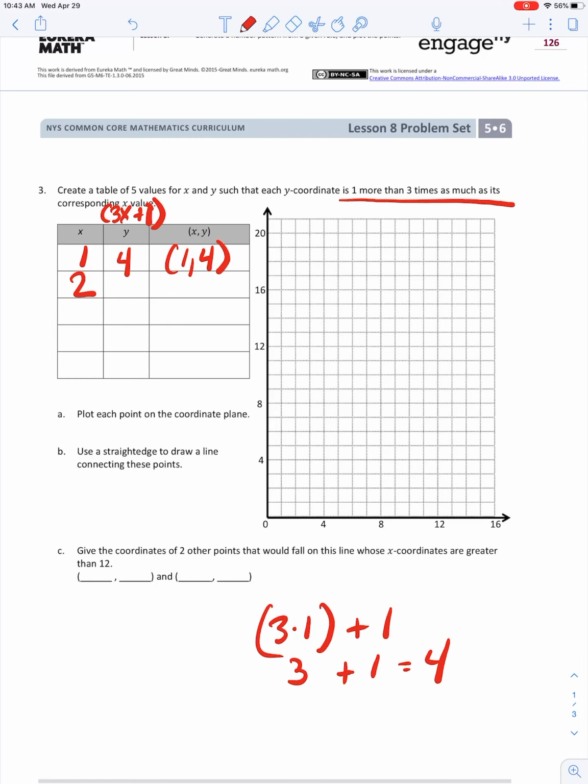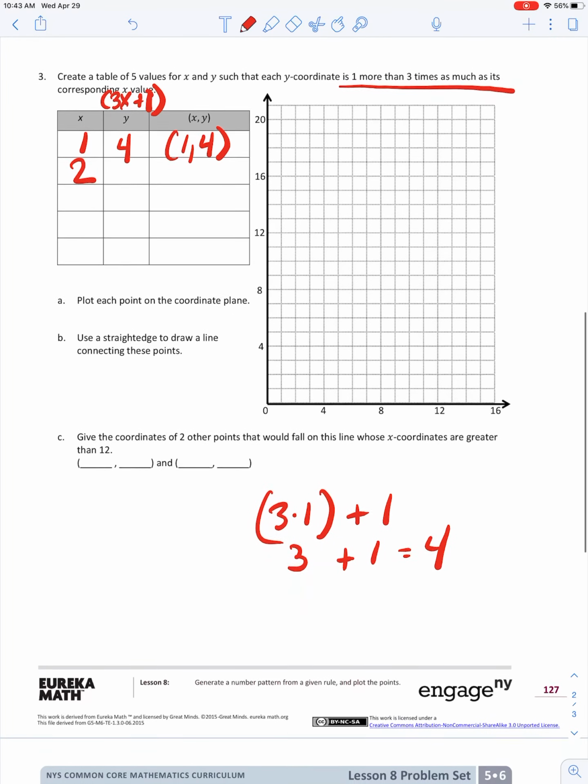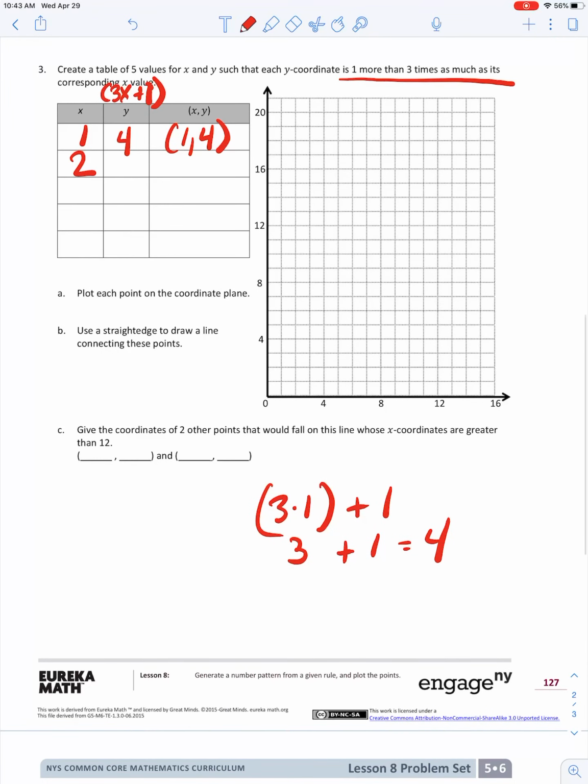Next value I used was 2. So I'm going to come down here. I'm going to plug in the 2. I'm going to say 2 times 1 plus 1. All right. So 2 times 1 is, oh, I'm sorry, times 3. Forgive me. 2 times 3. 2 times 3 is 6 plus 1 equals 7.